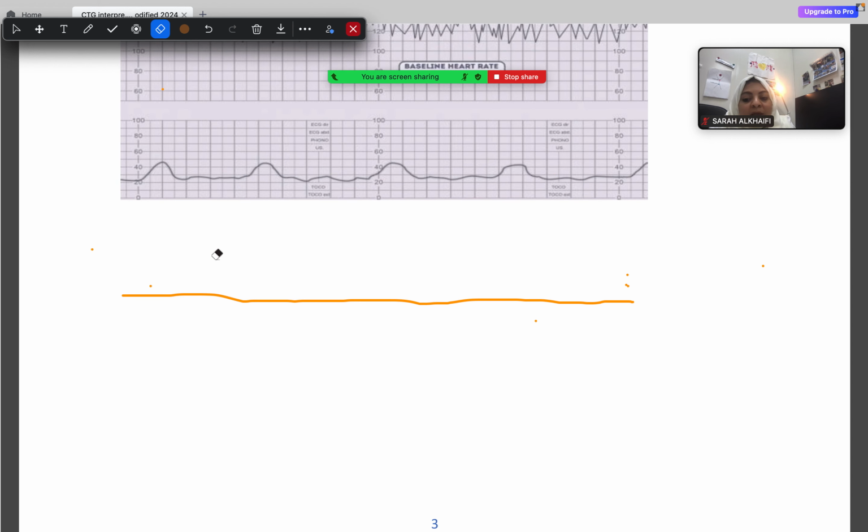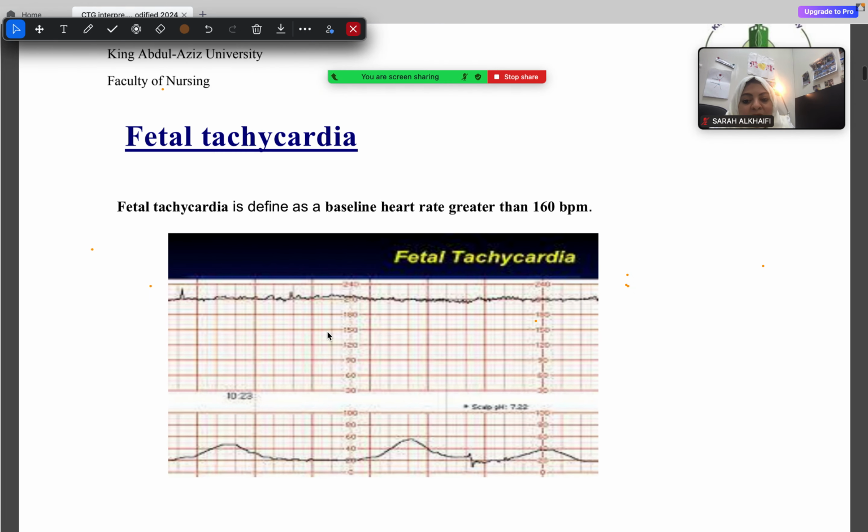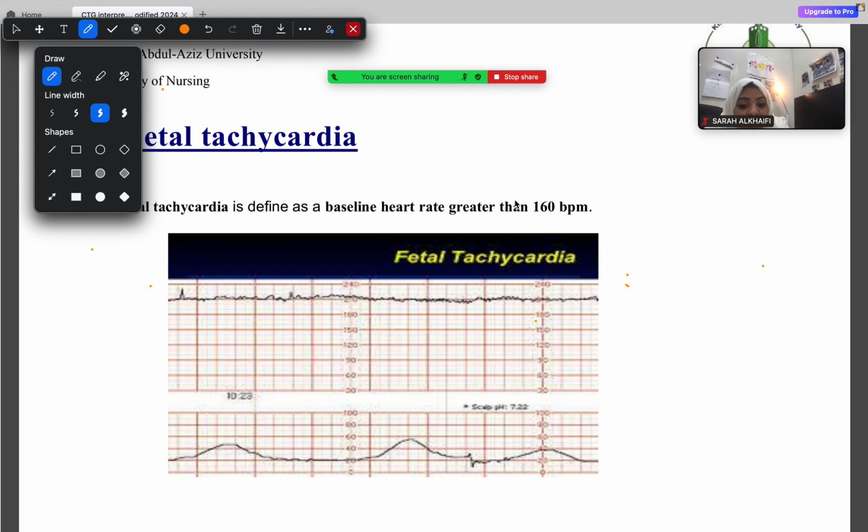Let's move to another example here. If you can see, the fetal heart rate is like 120, 180, and the reading can tell you maybe around 200. We said the normal range of fetal heart rate is 120 to 160, which means here the baby is over that range.